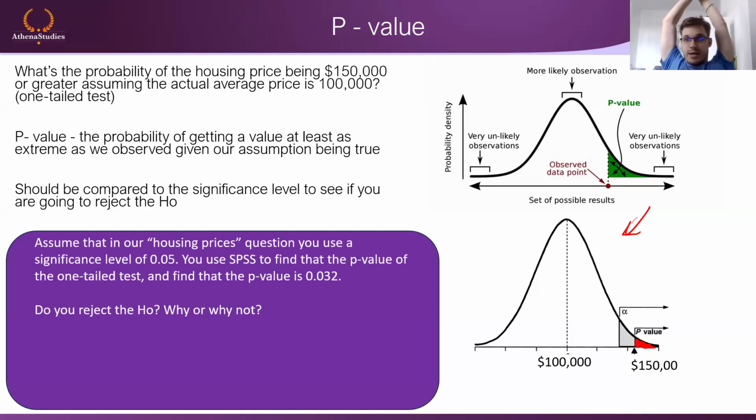We use SPSS, type in some numbers, do some programming, and find that the p-value of the one-tailed test we performed with our data set is 0.032. Do we reject the H0? Why or why not? So the floor is yours, guys.